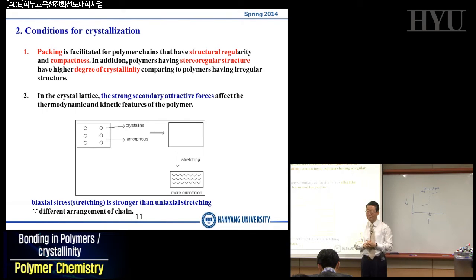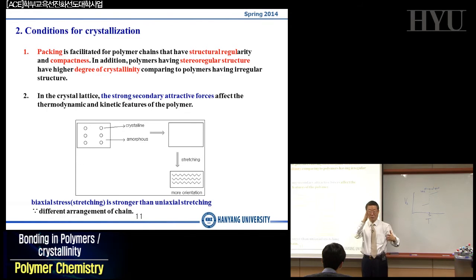In industry, they use a lot of these biaxial stretching cases. If you stretch in one direction, the width might decrease a little bit, like here. But in biaxial stretching, your y-axis will, in fact, become larger.